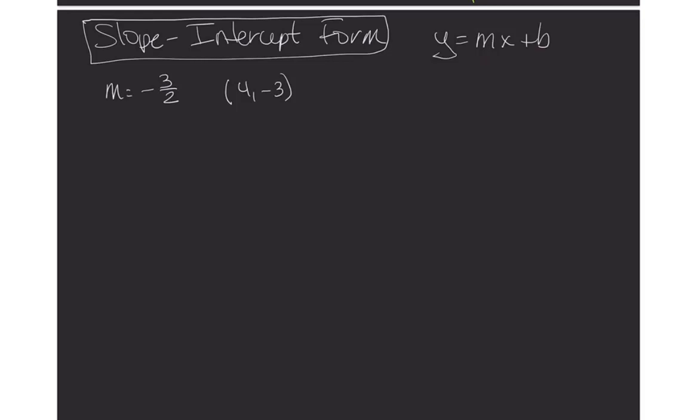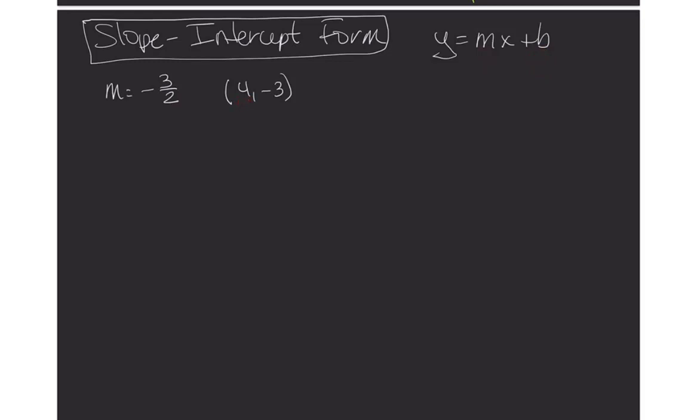So on this one, if they give it to us this way, do we know the slope? Yep, they gave us the slope. Do we know what the y-intercept is? No, because the y-intercept is where we cross the y-axis, and that would be when our x is 0. And on this point, our x isn't 0.